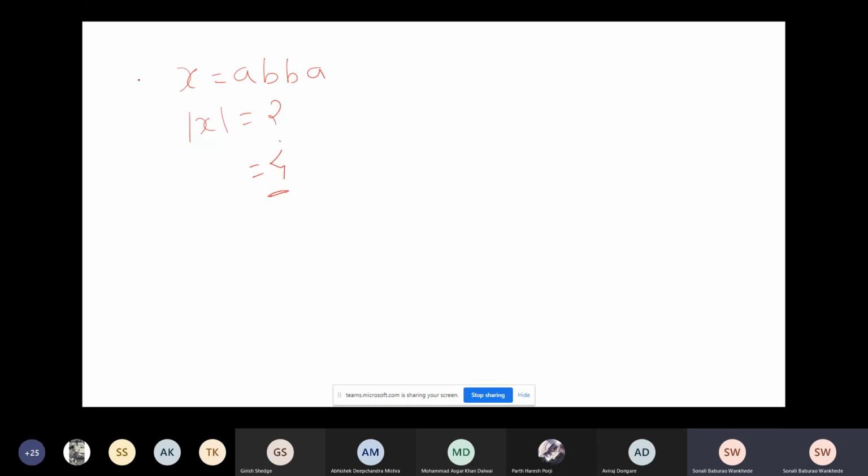Now take down another question. Compute the occurrences of A's and B's.